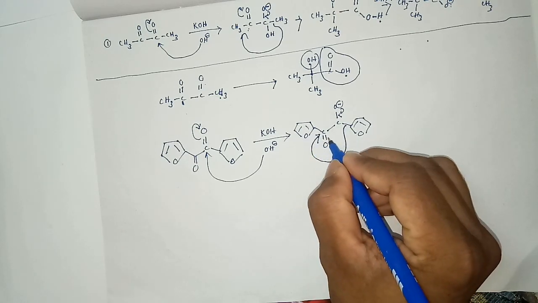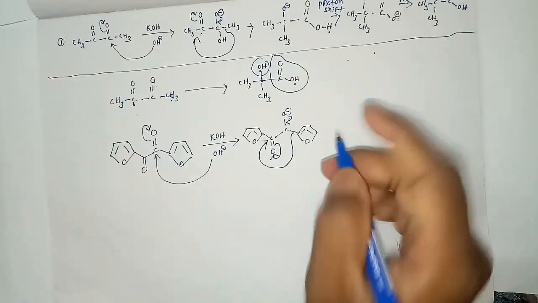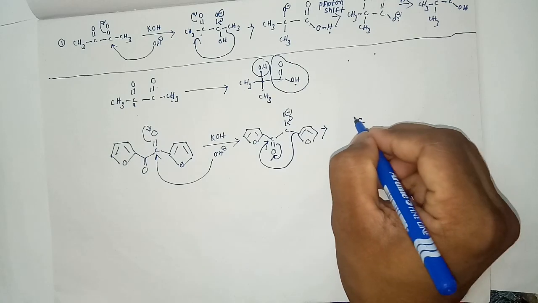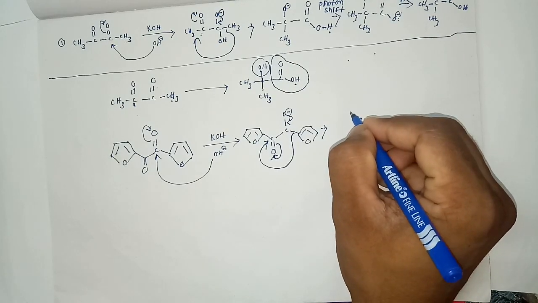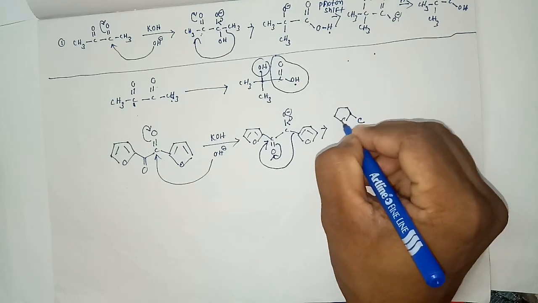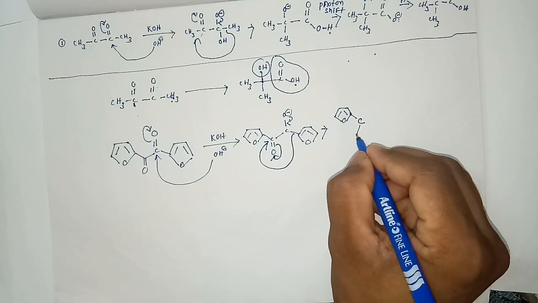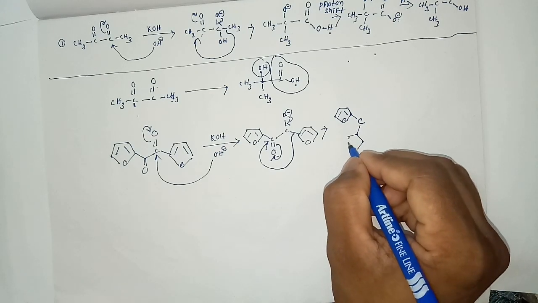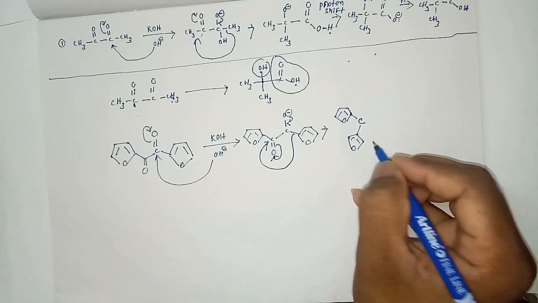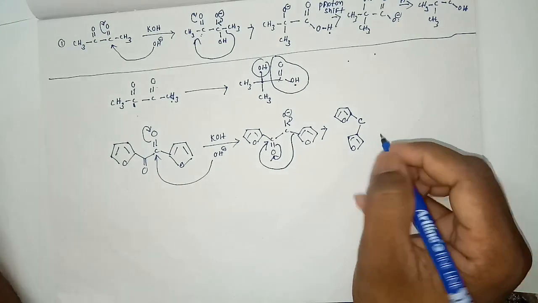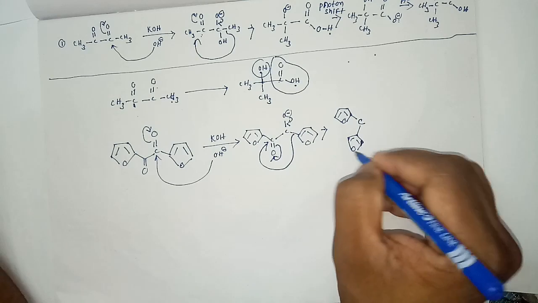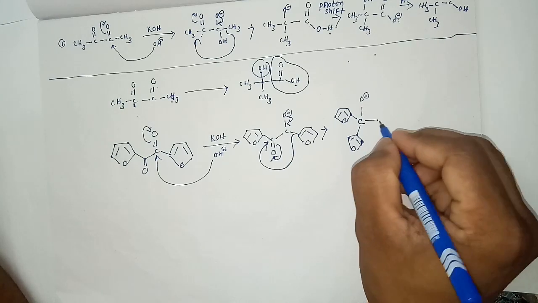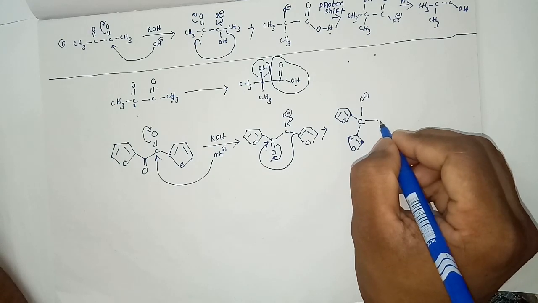So this is the five-membered ring with one negative charge, and one OH group will be present.